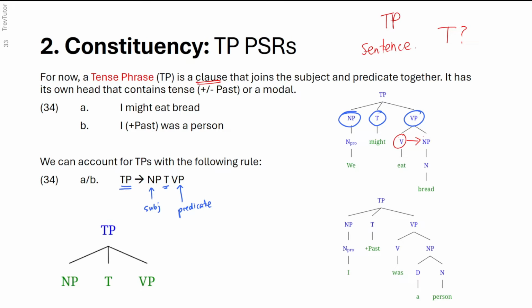For the case of "I was a person," we can see the tense in action with features. So we have the subject I, and we have the tense, and here we're saying plus past. And this information has to agree with the verb. So if we put a plus past under T, that means that the verb also has to be in the past tense. That's why we see was there instead of is. If we did have is in this position, then we would have minus past to say that this is not a past tense verb.